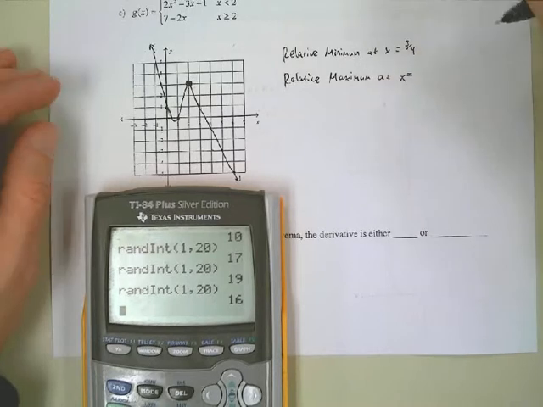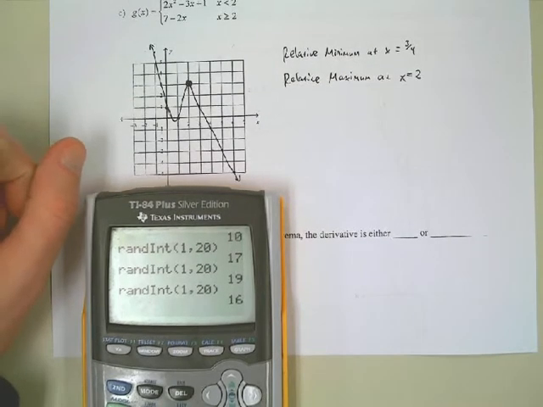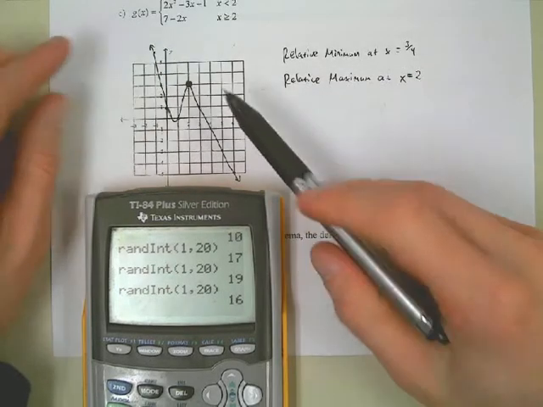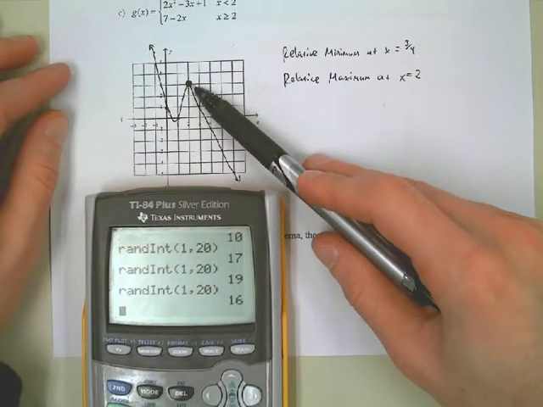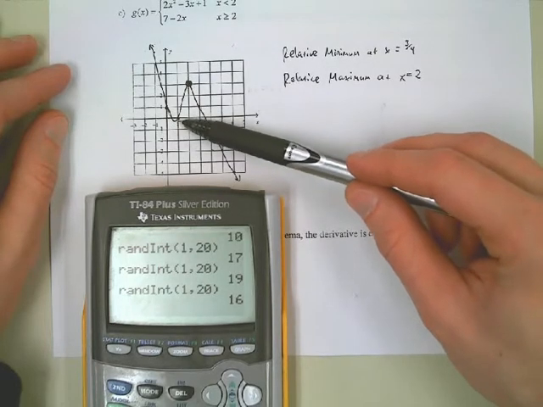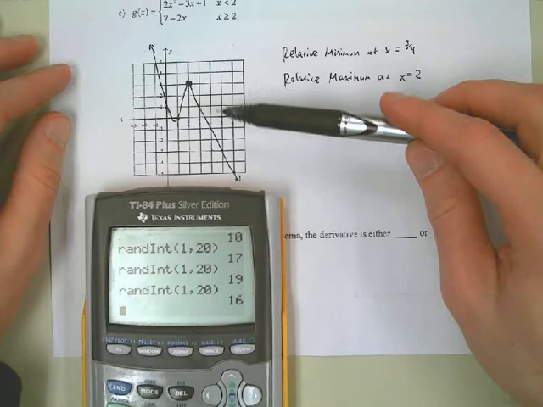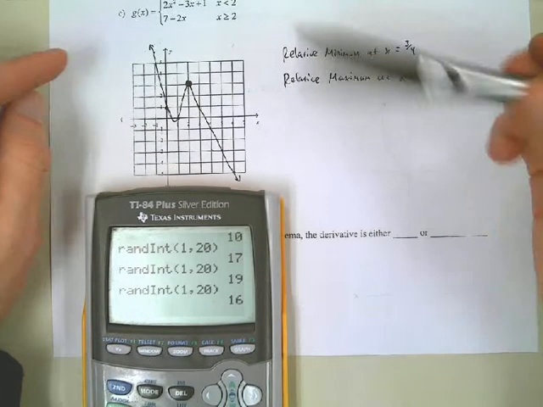Yep, x equals 2. Is that relative maximum also an absolute maximum? Is that the highest point? No. And then, Maya, is this relative minimum our absolute minimum? No. Right, because our function continues both higher and lower than those 2 points. So that's a relative minimum and maximum.